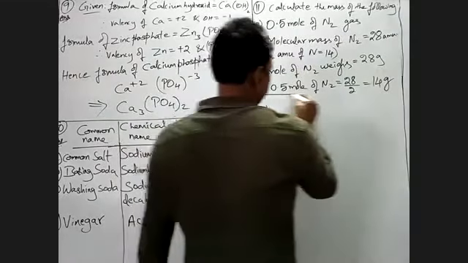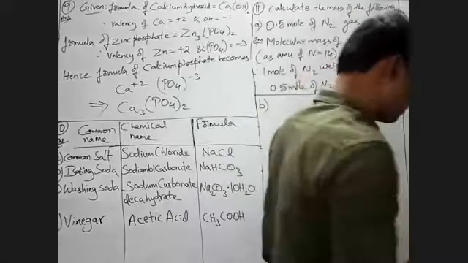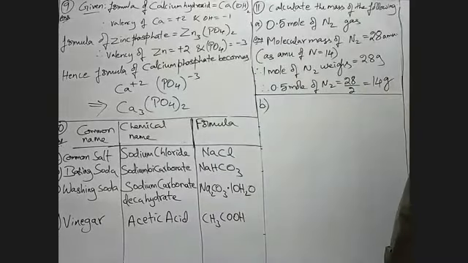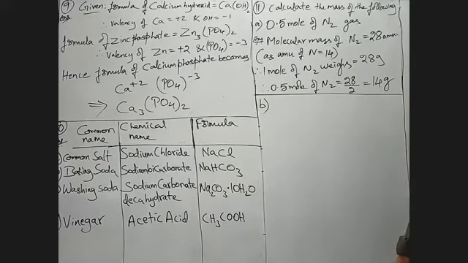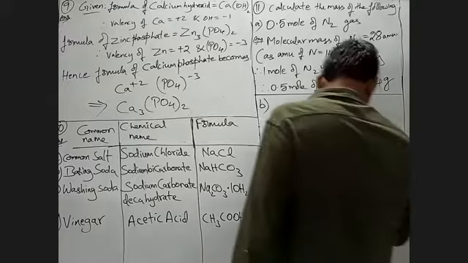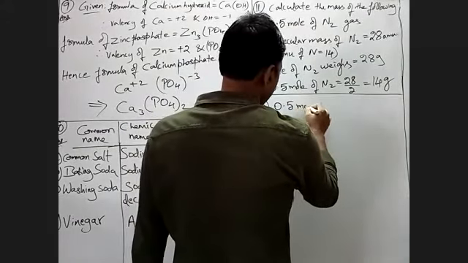Next, B. What is the next one? B: 0.5 mole of N atoms.